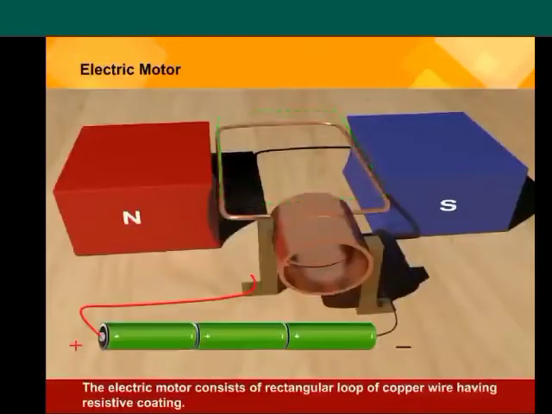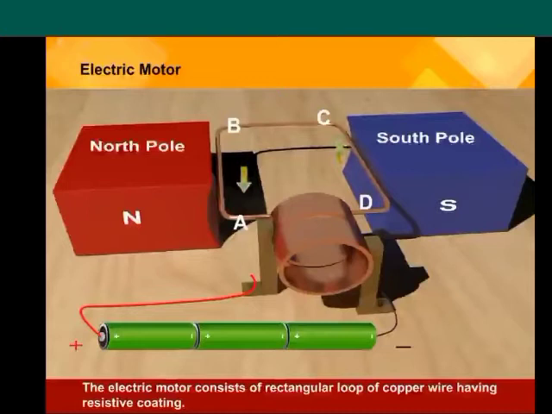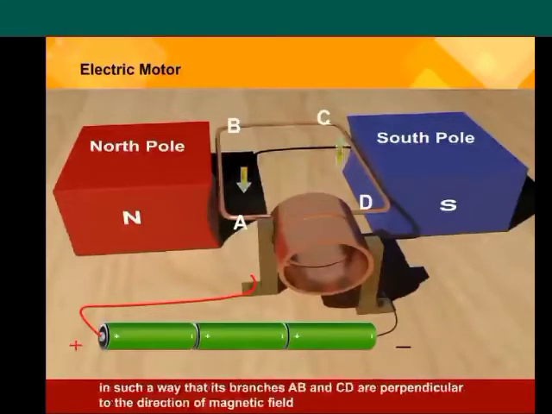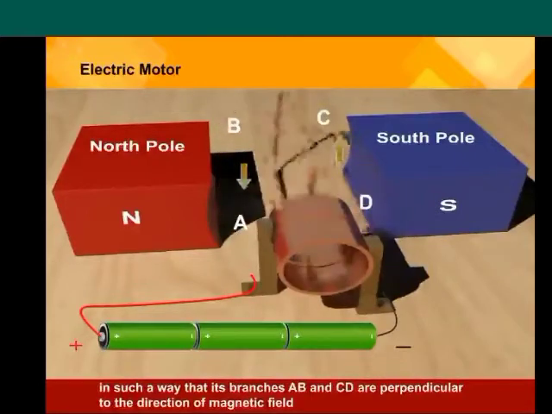The electric motor consists of a rectangular loop of copper wire having resistive coating. As shown in the figure, it is placed between the north pole and south pole of a magnet, such as the horseshoe magnet, in such a way that its branches AB and CD are perpendicular to the direction of magnetic field.